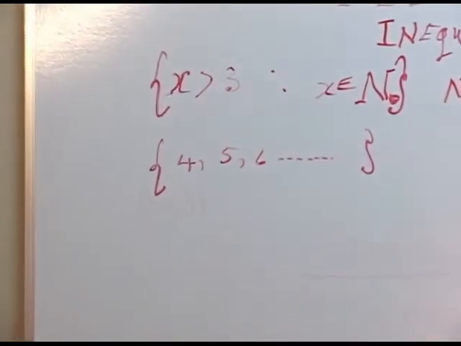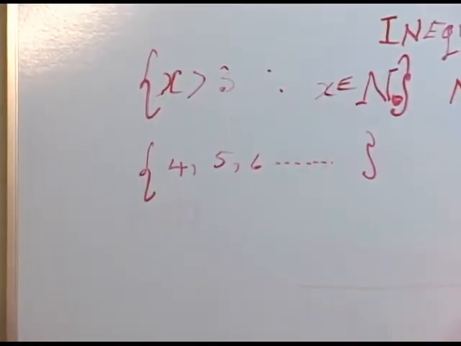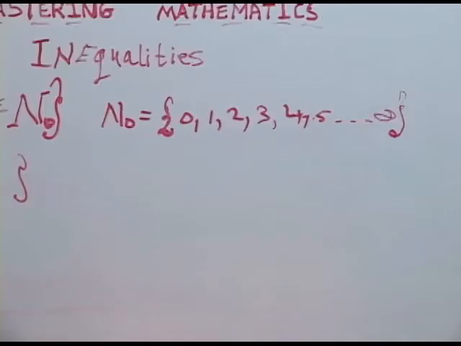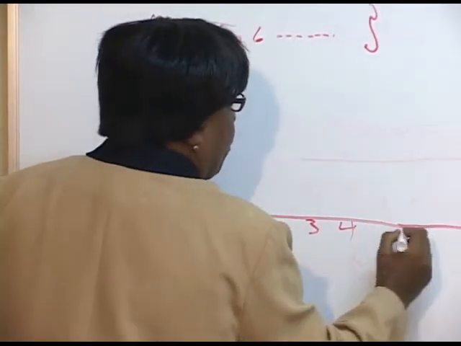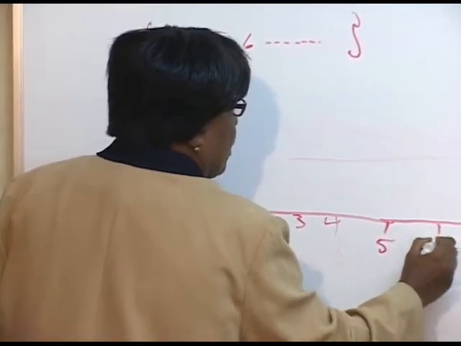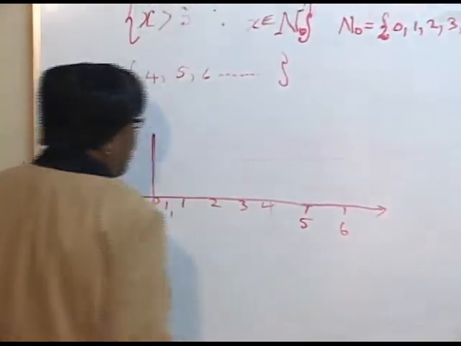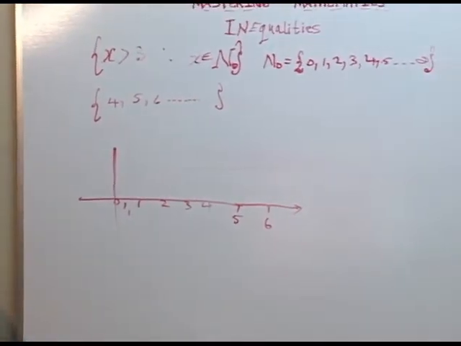There is a similar situation in terms of representing it on a graph, where you can have 0, 1, 2, 3, 4, then going up 5, 6, all the way up to infinity if we have to.